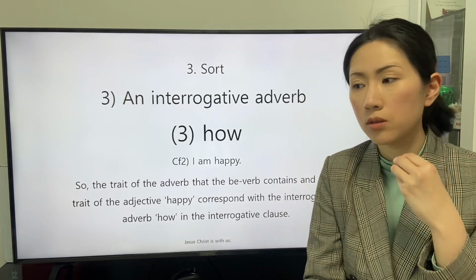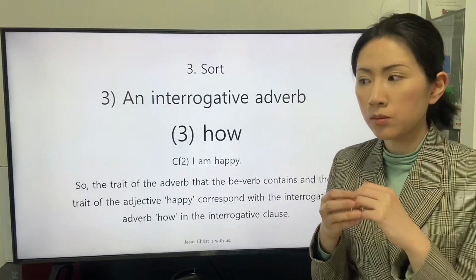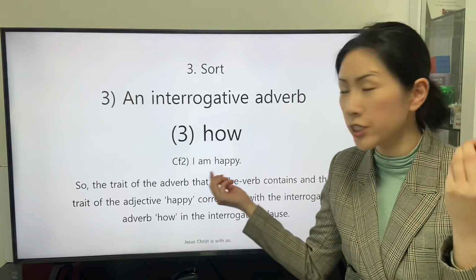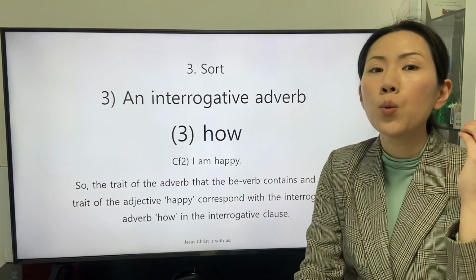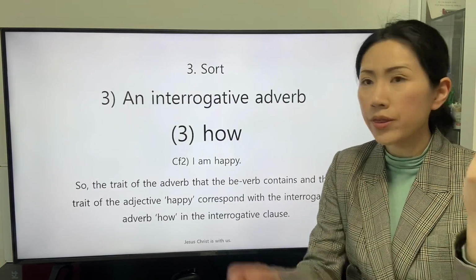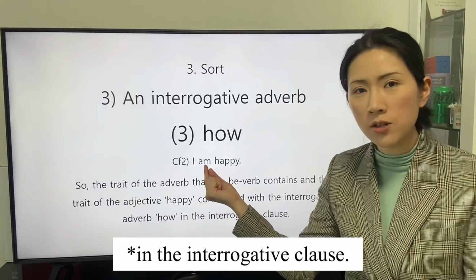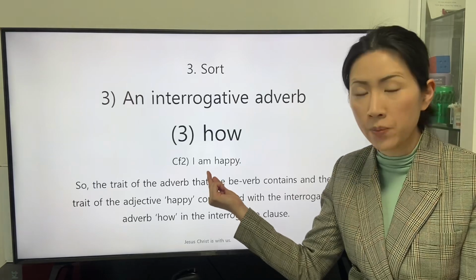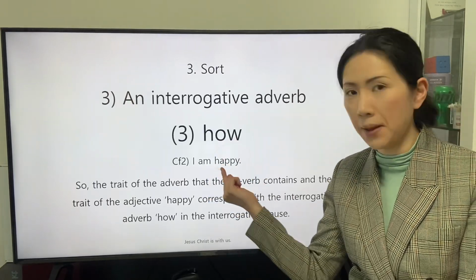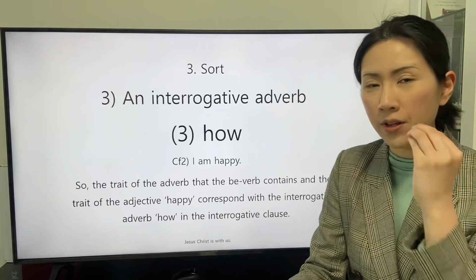So the adjective to describe the condition of the speaker as the subject corresponds with the interrogative adverb how. So a part of the trait of the be verb and the adjective happy correspond to the interrogative adverb how.